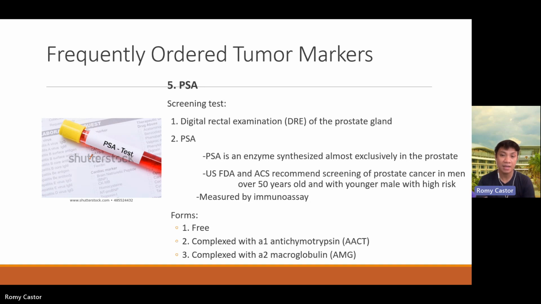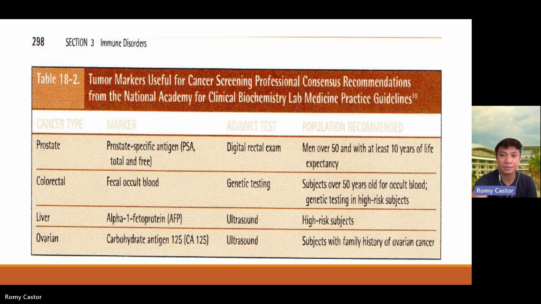If the ratio of free PSA with the total PSA is decreased, that is for the diagnosis of your prostate cancer. But again, if the PSA alone is high, it might be related to other medical conditions that inflame or increase the size of the prostate of our patient. So it is not automatically prostate cancer.